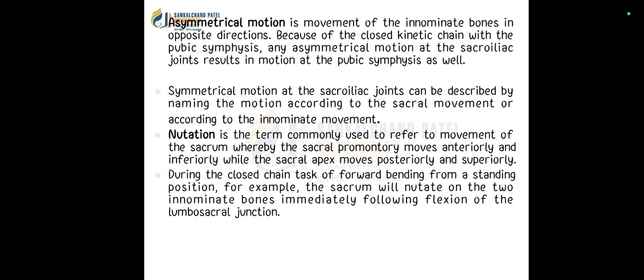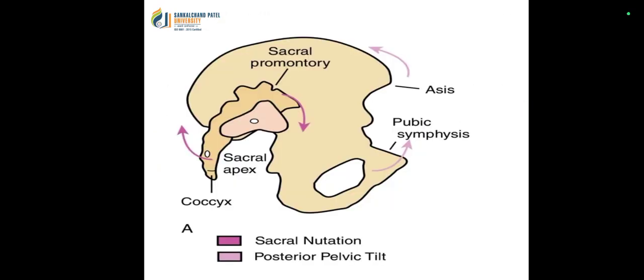During the closed chain task of forward bending from a standing position, for example, the sacrum will nutate on the two innominate bones immediately following flexion of the lumbosacral junction. This is the sacral nutation.